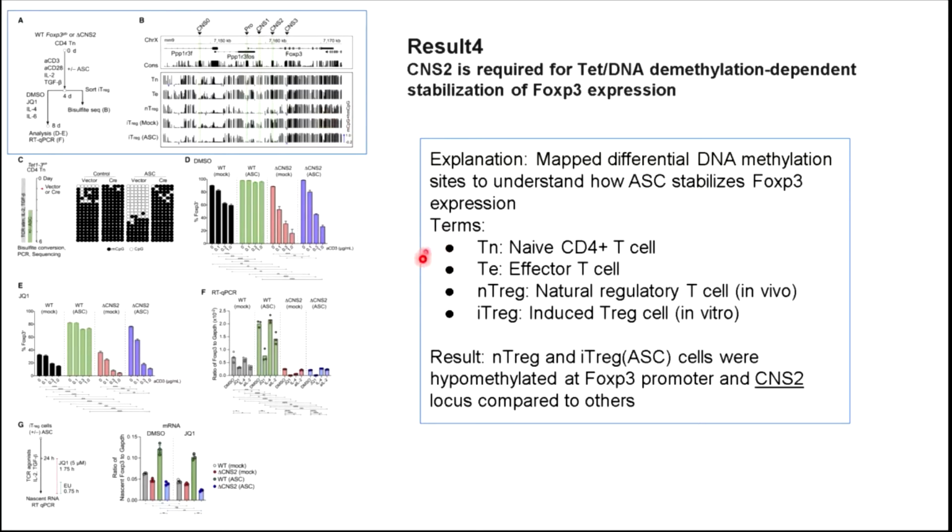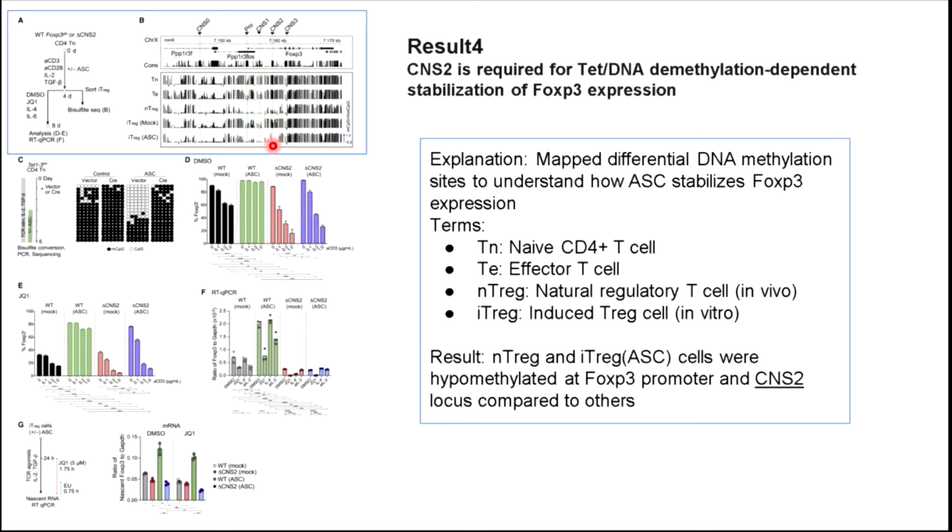In figure B, nTreg cells were hypomethylated at the Foxp3 promoter and CNS2 locus. We can see that ASC treated iTreg cells exhibit similar hypomethylation to nTreg cells.